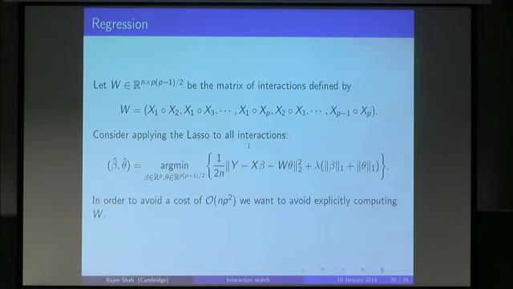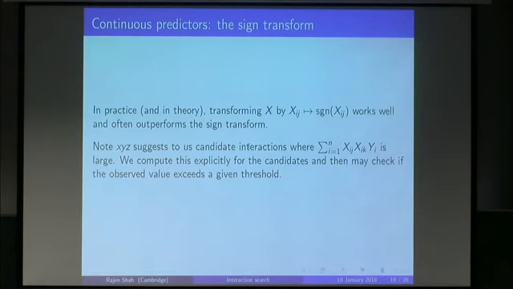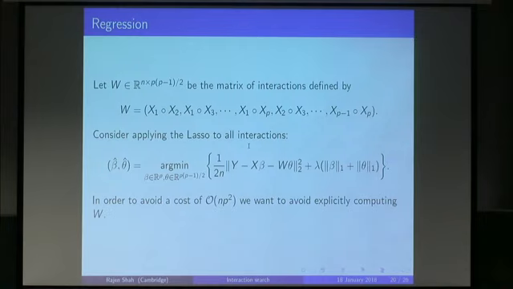Okay. So that was still all just about dot products, and let's now move to the regression setting. Let's suppose that what we really wanted to do was apply the lasso to all our interactions. So this matrix W is going to be a matrix containing all of the pointwise products between pairs of columns of X. And suppose this is the optimization problem that we'd like to solve, and perhaps we might have a different penalty parameter for the interactions and the main effects, but that doesn't matter so much.